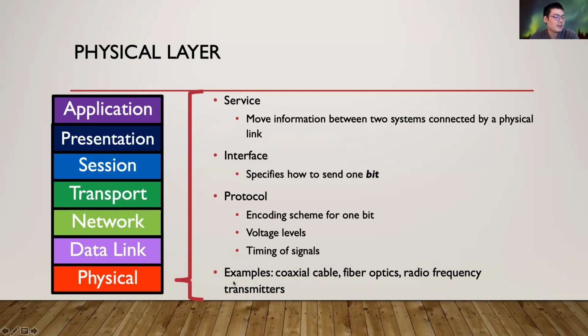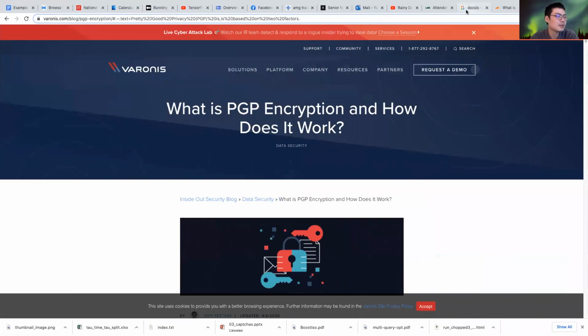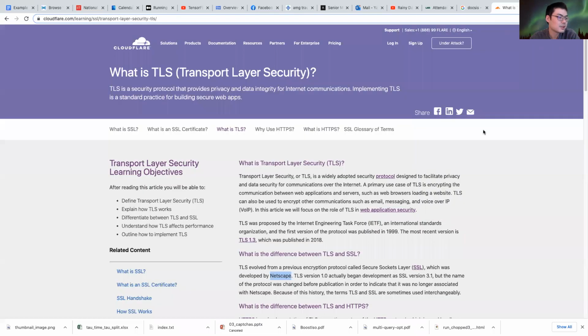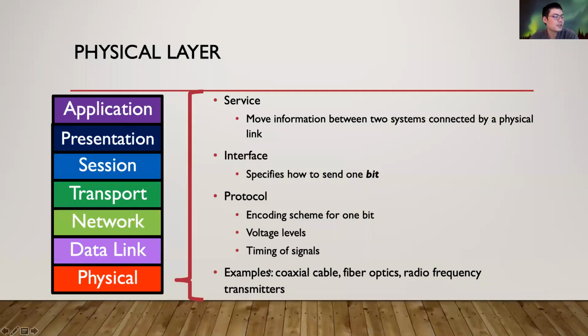Okay. And so in the physical layer, we have different kinds of physical media. Firstly, for example, coaxial cable is something like this.